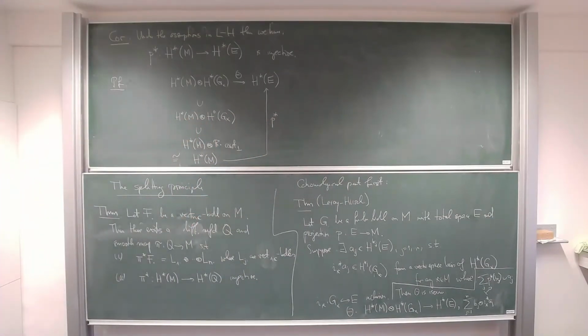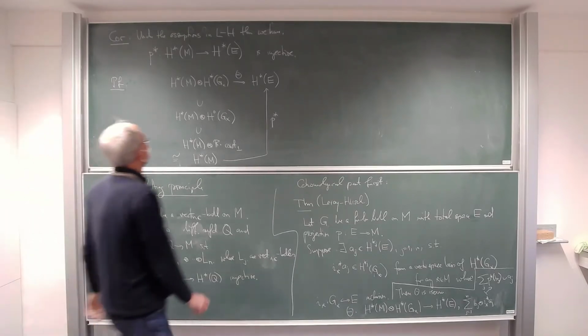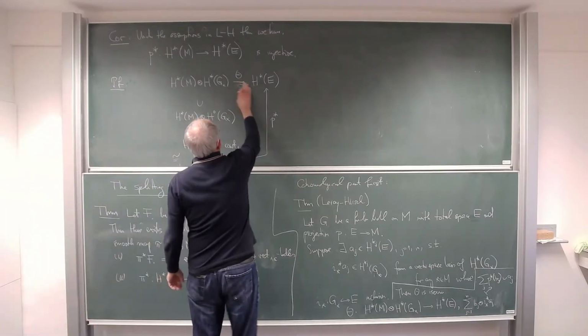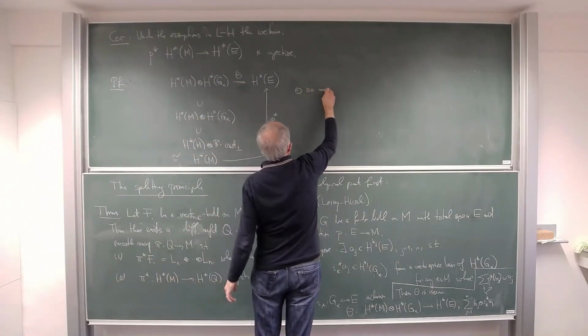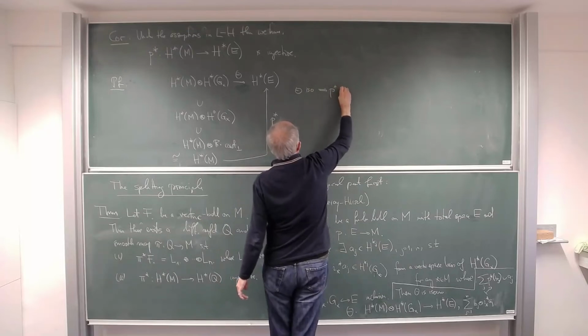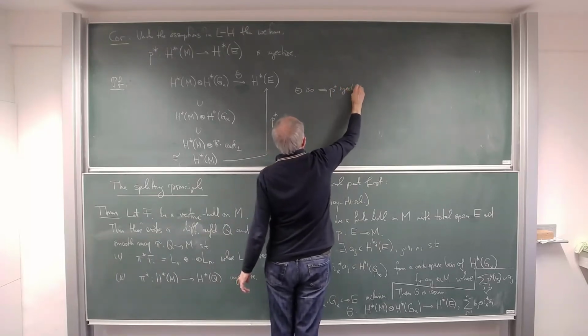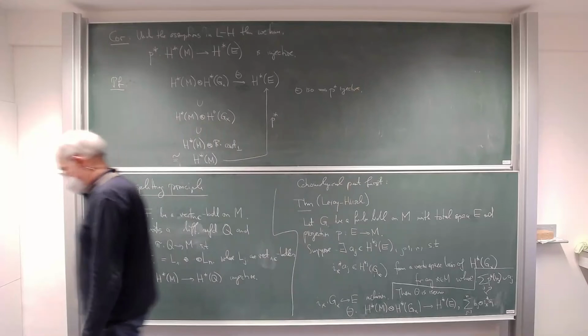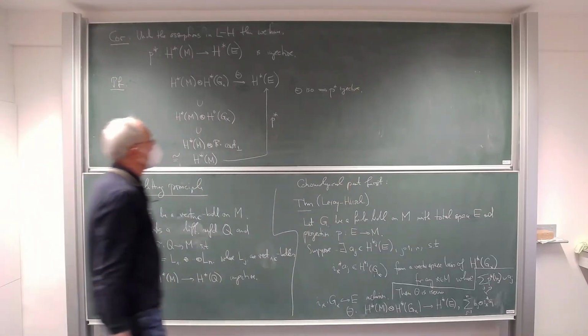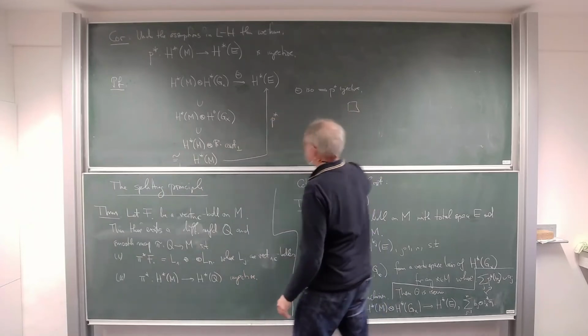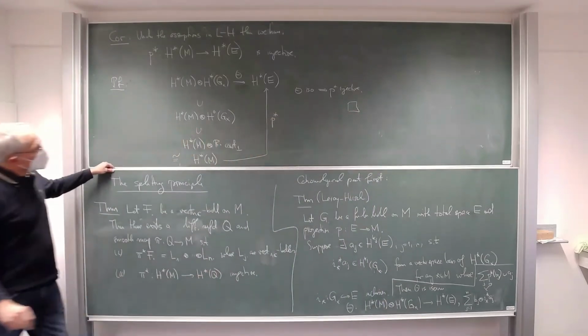And this pullback map is then just a restriction of an isomorphism, so it must be injective. Theta is an isomorphism by Leray-Hirsch, therefore T star is injective. And that's what I wanted to say. This is interesting to us because this is what we need in the splitting principle.